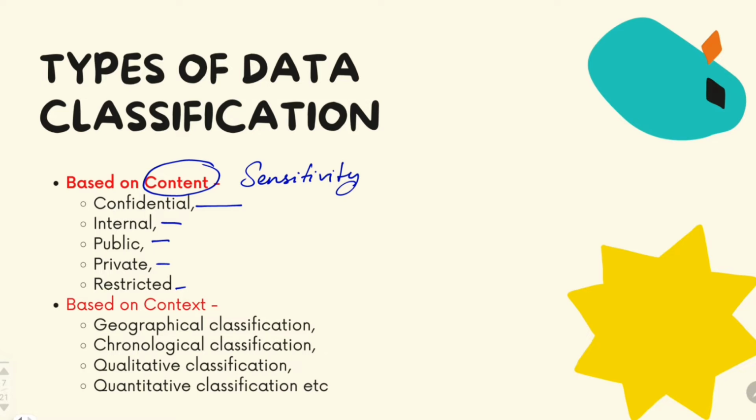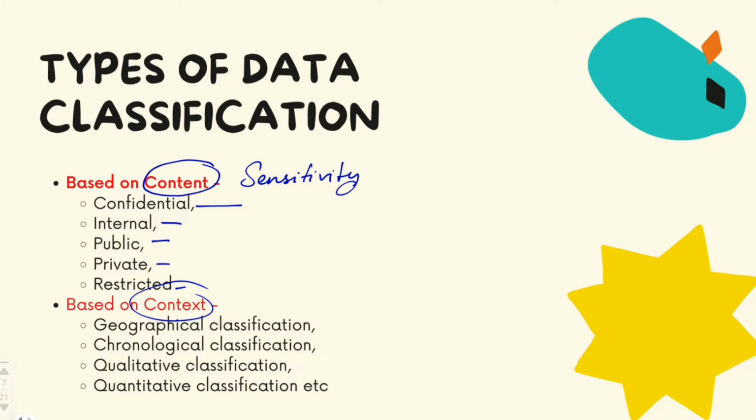So that is what this kind of classification is all about. Now, in statistics or in our quantitative techniques, more than the content, we are interested in the context of data and classify accordingly.